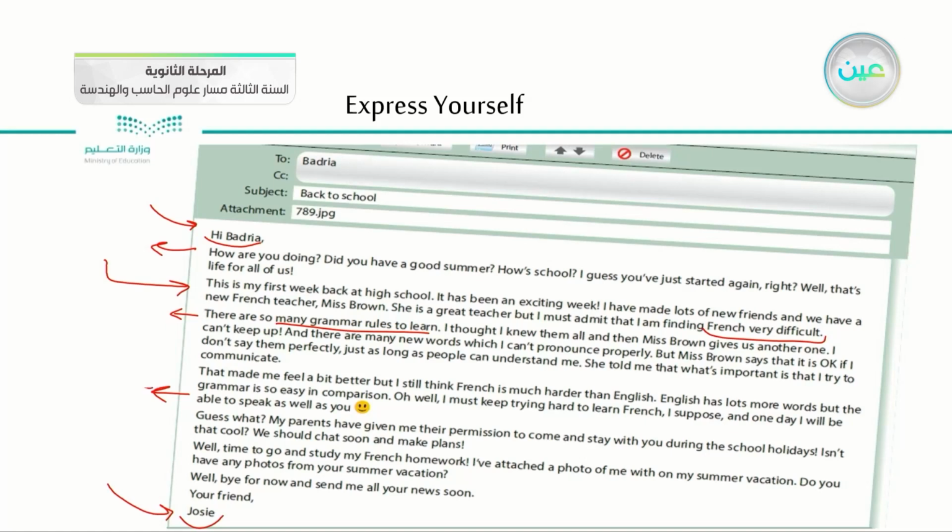Now she is comparing English with French. English has lots more words, but the grammar is so easy in comparison. This is the first thing she is comparing. She is comparing the grammar of English and French.